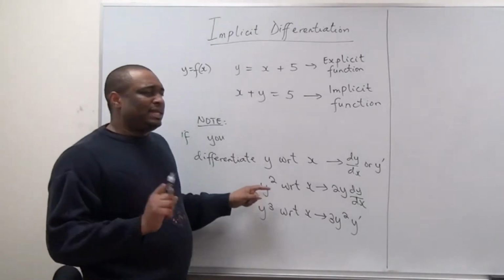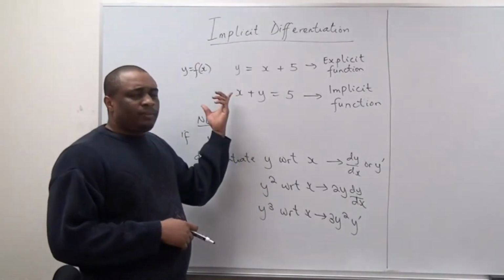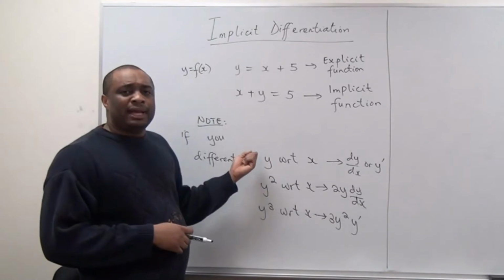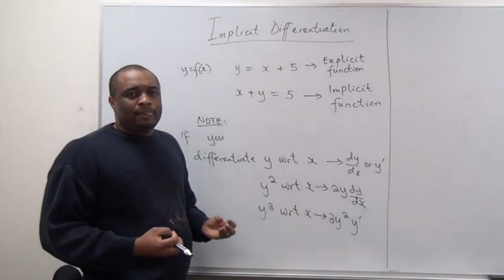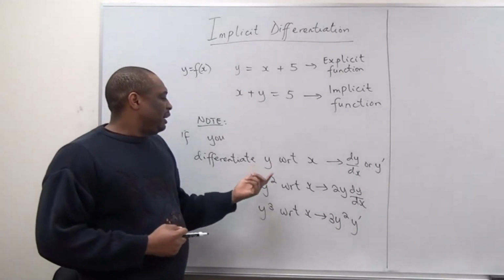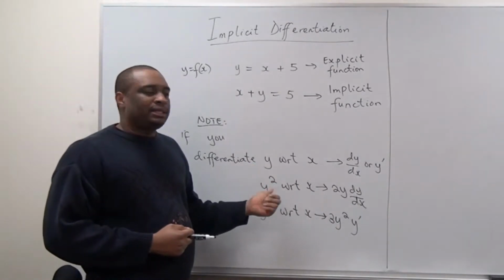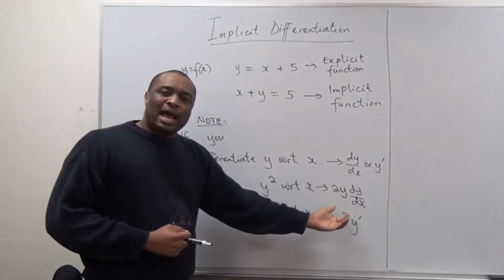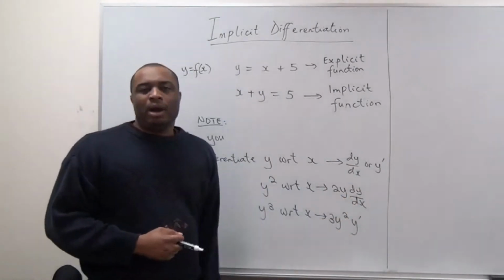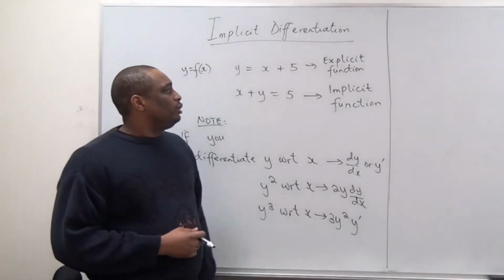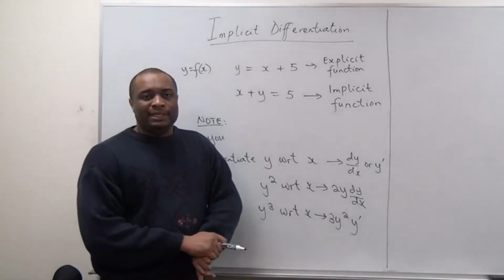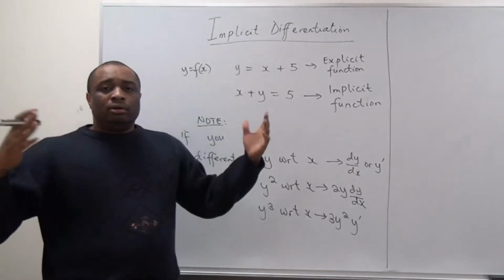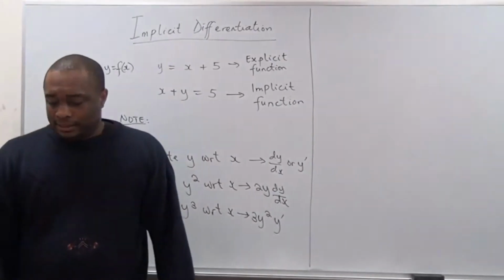The only difference is that when you differentiate a function of x with respect to x, it gives you the terms in x. But when you differentiate a function of y with respect to x, you still have the term and also you have the dy/dx. That is what you should know in this implicit differentiation. We just do the rest as it is.